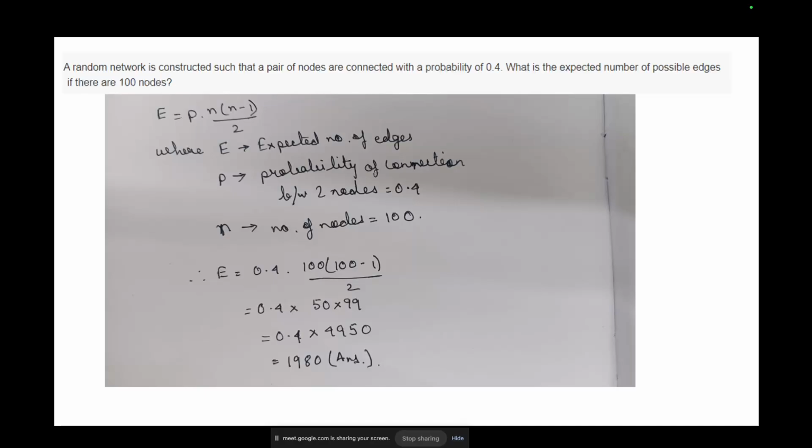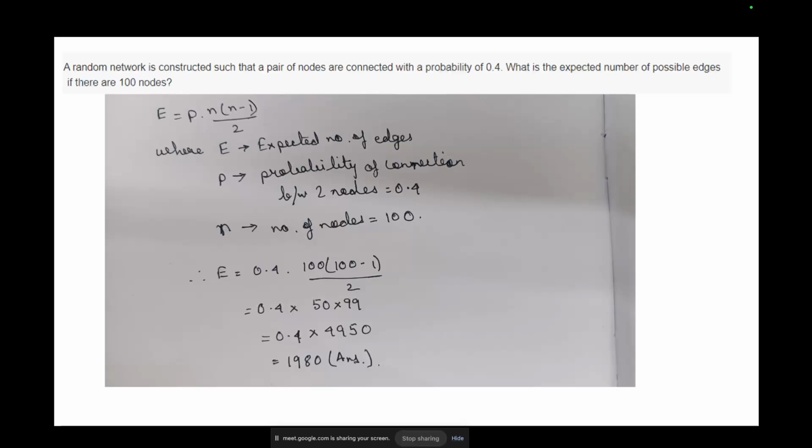If two nodes are connected with a probability of p, and n is the number of nodes, the total number of connections between n nodes is n into n minus 1 by 2, which is basically nC2. nC2 is the total number of possible connections between n nodes.